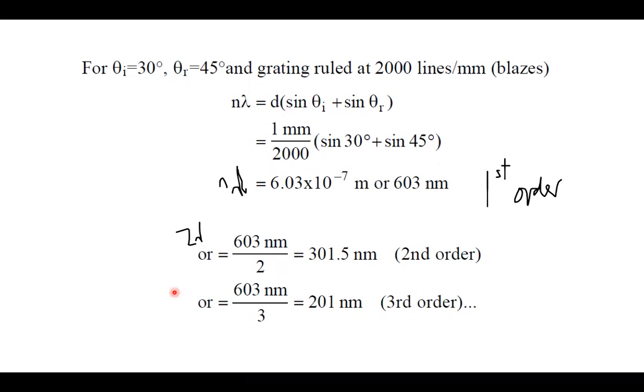And then for third order, it's 3 lambda is equal to 603 nanometers. So that's going to be 603 divided by 3, which gives us 201 nanometers. So that's how we would do this calculation. The major light is the first order light. So say, for example, we were asked what is going to be our first order light. It's going to be the one where n is equal to 1.